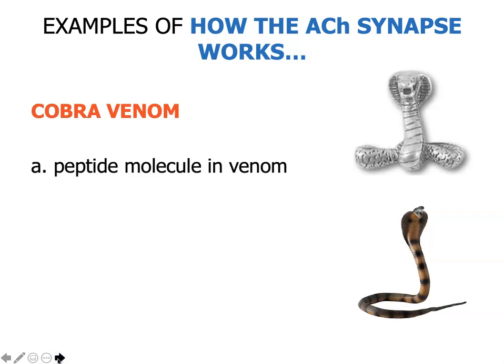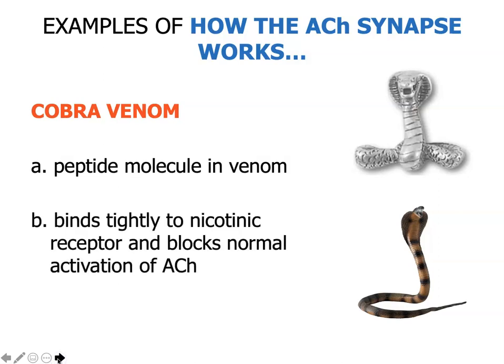We also talked about other types of toxins, such as cobra venom. Alpha bungarotoxin is capable of binding competitively, and so it is an antagonist of the nicotinic acetylcholine receptor.